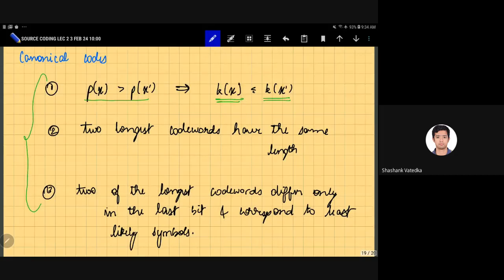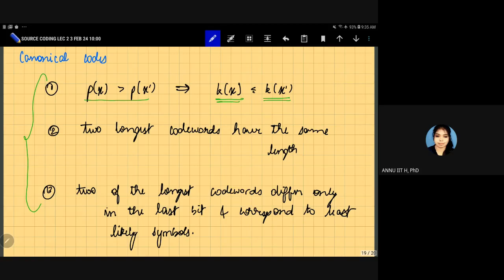Sir, hello, sir. Yes. As earlier you said that the canonical codes and the optimal codes are not unique. So actually, among all possible canonical codes, we will have at least one canonical code which is optimal also.